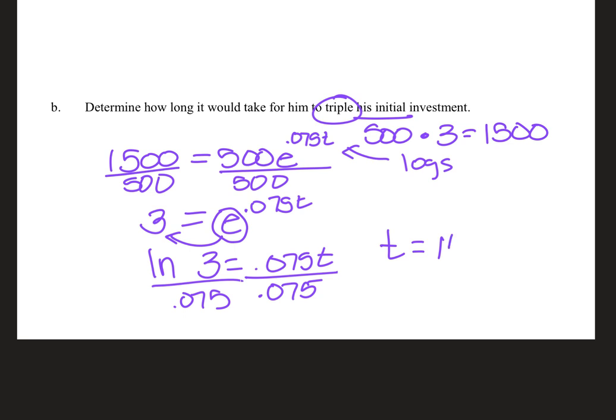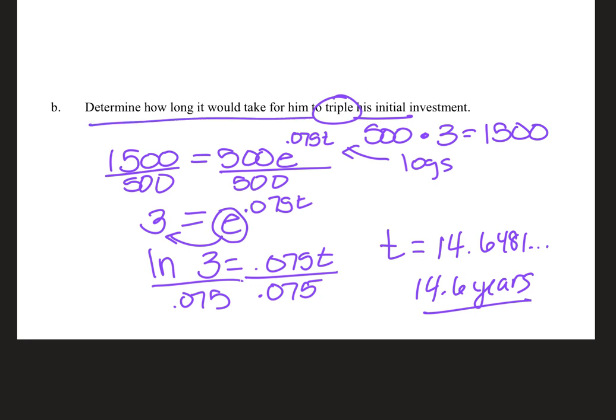It was 14.6481, blah, blah, blah. So how long? About 14.6 years. They didn't say how to round, but always come back up here and see what you had to round to, and if it doesn't say, you should write it all out, but this is just my fault, so there's that.